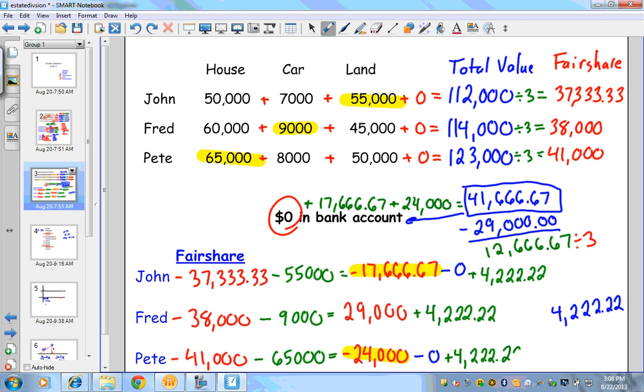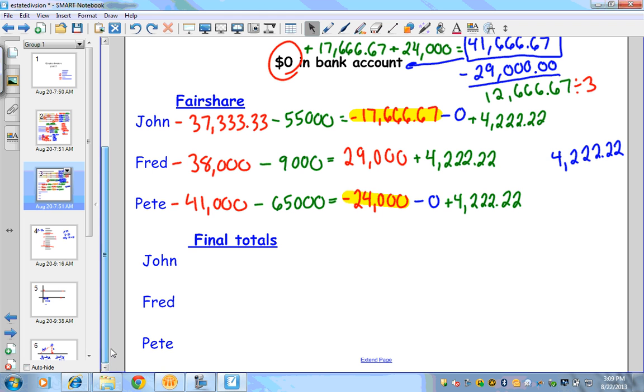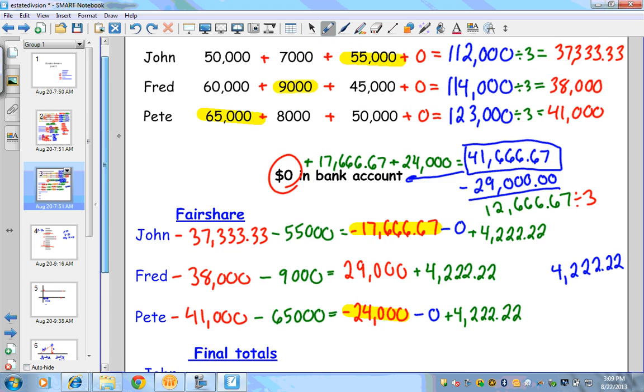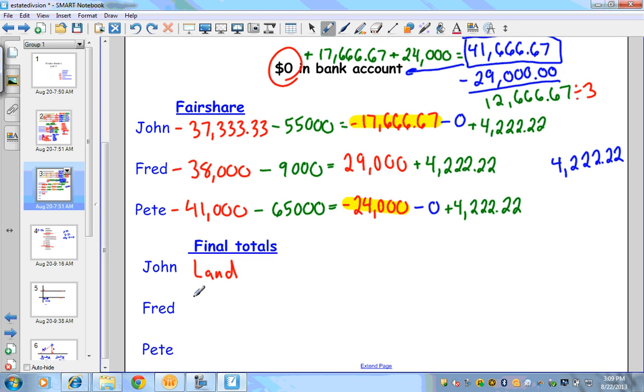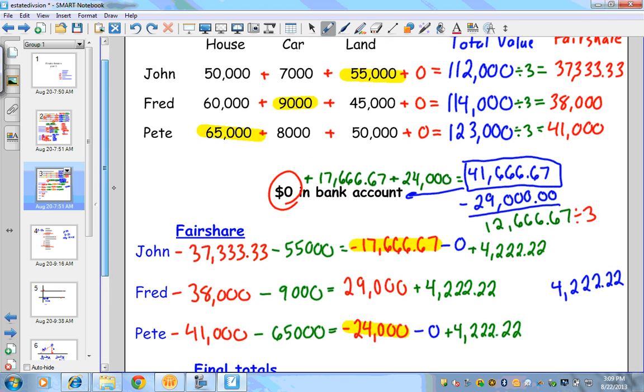And so when we get our final totals, John ended up buying the land. So the item that John won was the land. The item that Fred won was the car. And lastly, I believe Pete won the house.